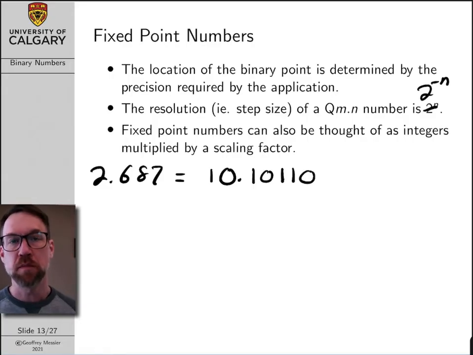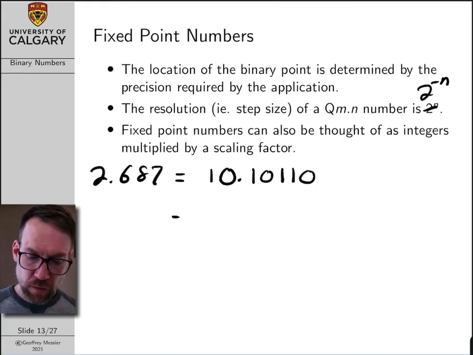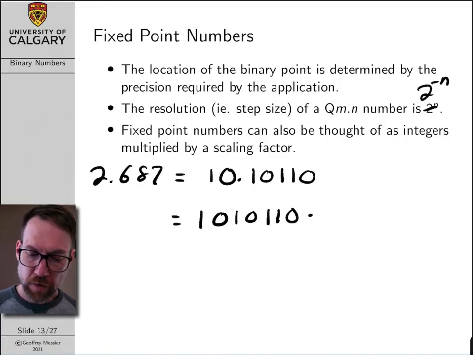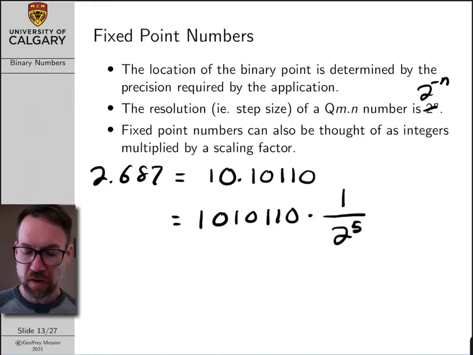And I'm not representing the sign bit here. So this is equal to the integer 1010110 multiplied by a scaling factor of 1 over 2 to the 5.